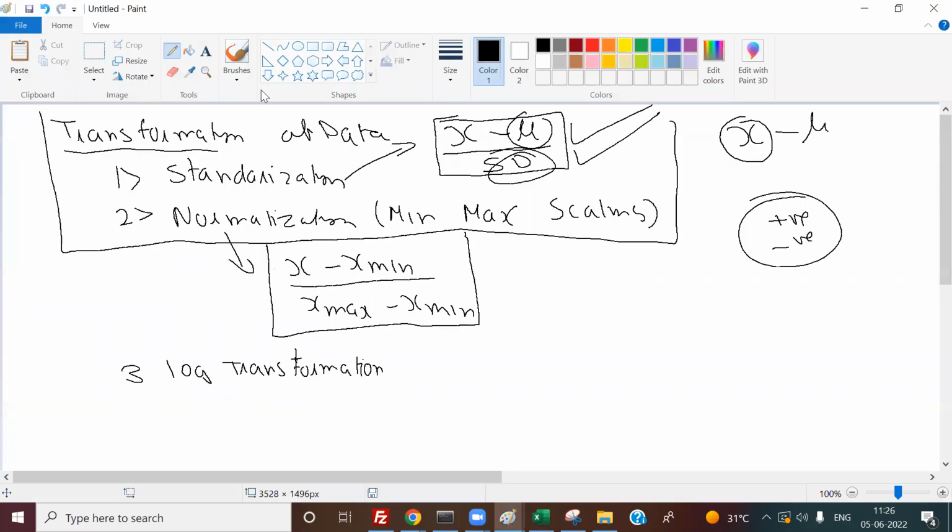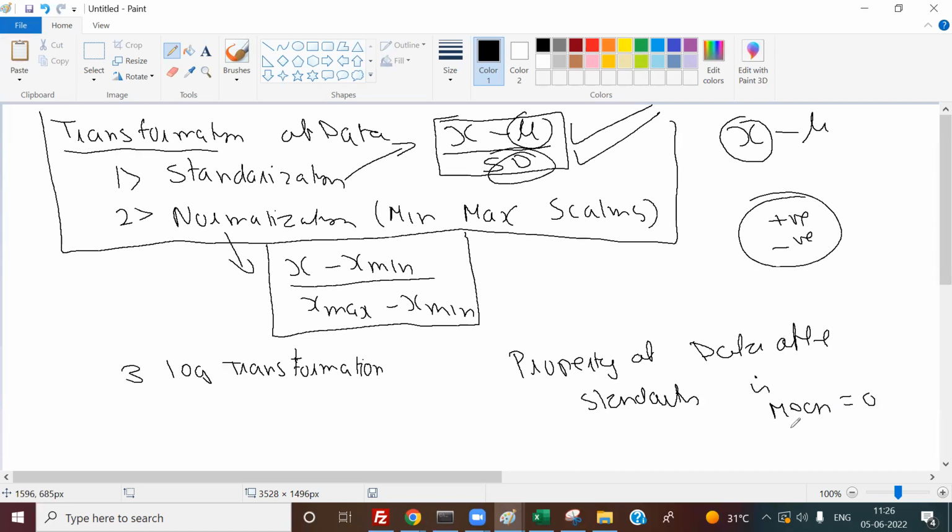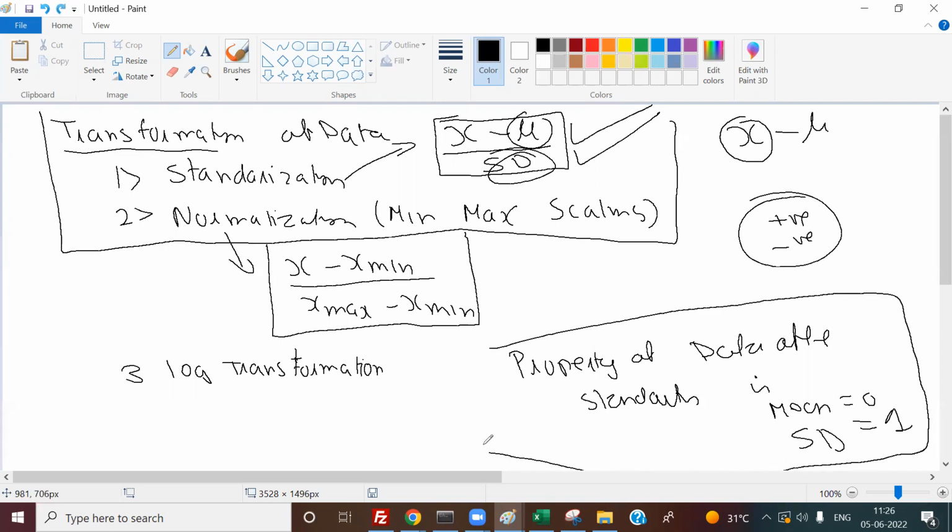So this is the property of the data after standardization: the mean will always be 0 and the standard deviation will always be 1. This standardization is also known as Z values.